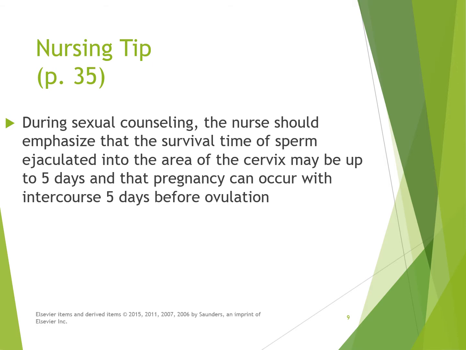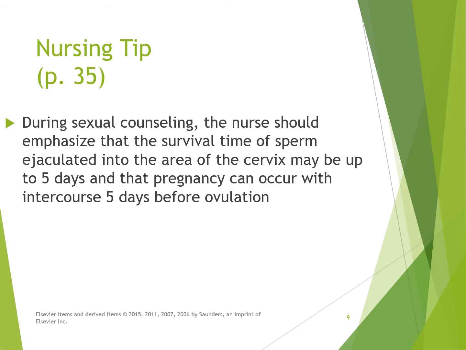I liked this little nursing tip that's in your book on page 35. It says, during sexual counseling, the nurse should emphasize that the survival time of sperm ejaculated into the area of the cervix, it doesn't have to be in the cervix, in that area, may be up to 5 days, and that pregnancy can occur with intercourse 5 days before ovulation even happens.